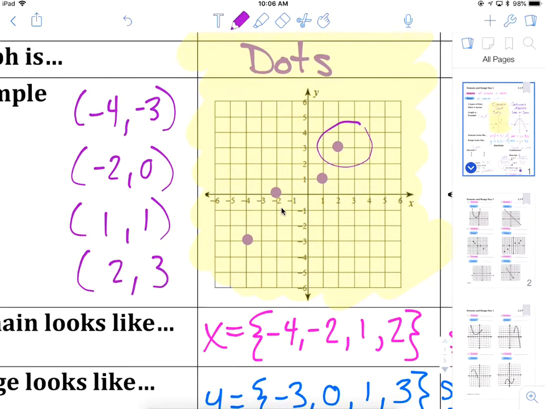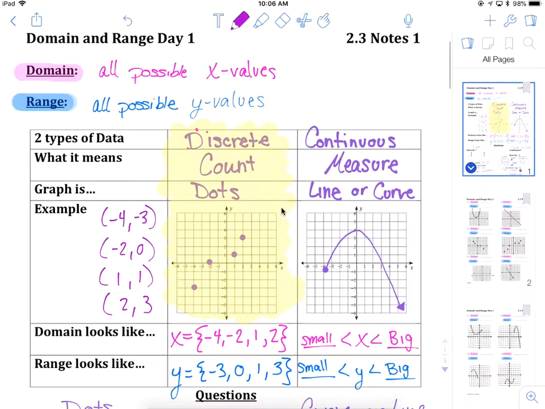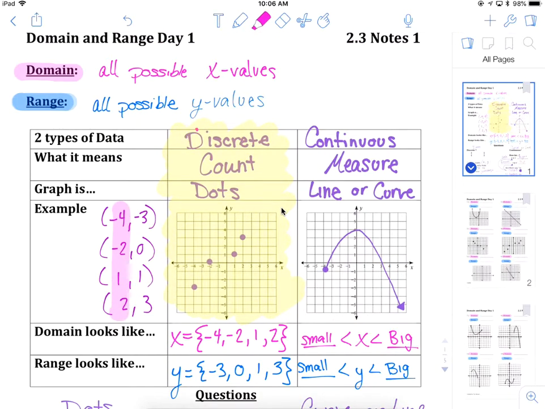That's my final guy. So when I list the domain and range for discrete data, I'm listing out all of the X's that I see. So my domain would be these numbers. I list them out from least to greatest, and I make sure that none of the numbers repeat. Okay, so -4, -2, 1, and 2.